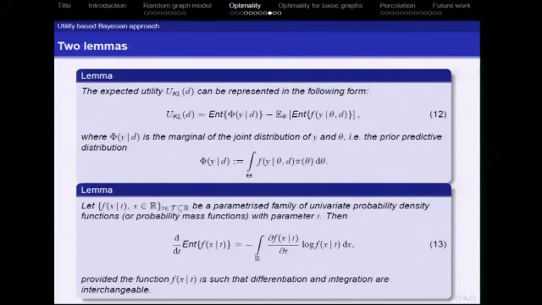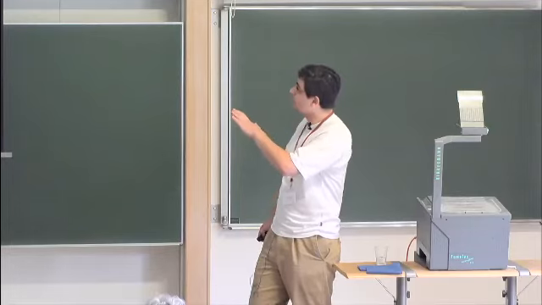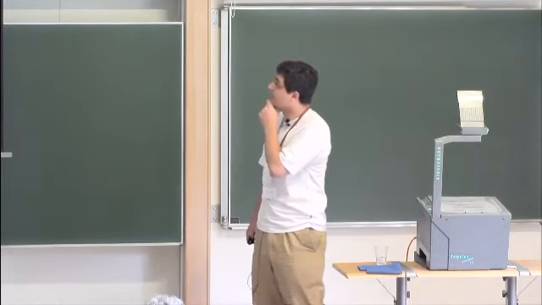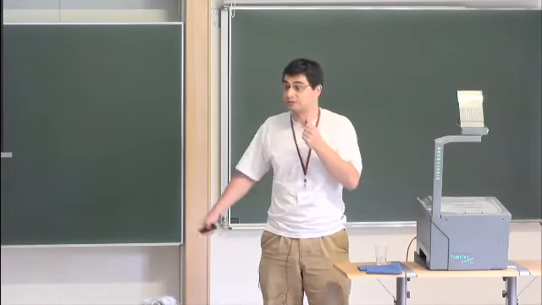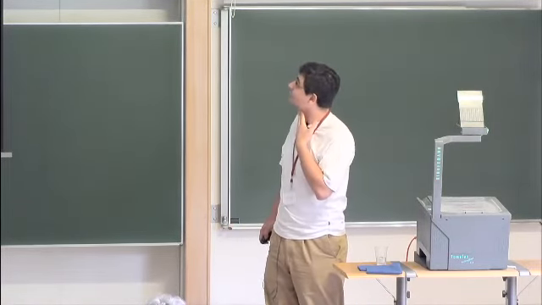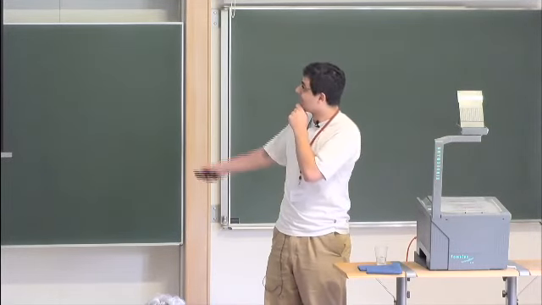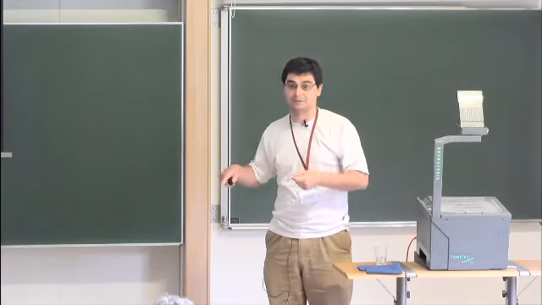And another lemma tells you how to differentiate the entropy of a density with respect to the parameter. Now, first, a result which I will not be using in practical problems, but I found striking. The first paper where this result is encountered, at least I didn't find any earlier papers, is from '94 by Parmigiani and Berry, and this gives you a way of differentiating the expected utility under the integral.